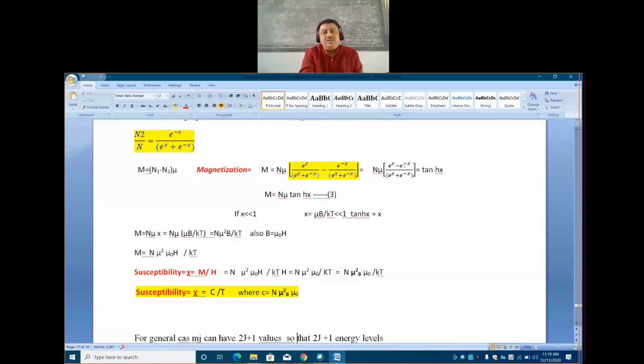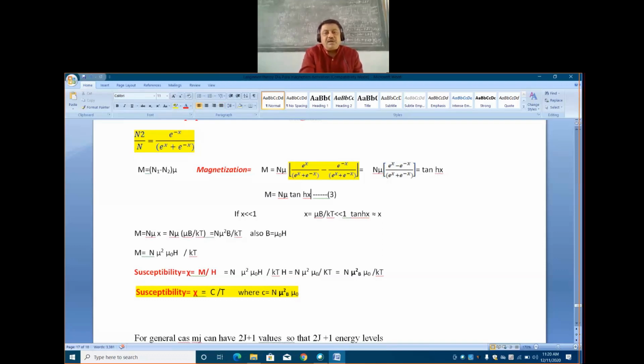Therefore, sine by cos is tan hyperbolic x. So this is equal to tan hyperbolic x.